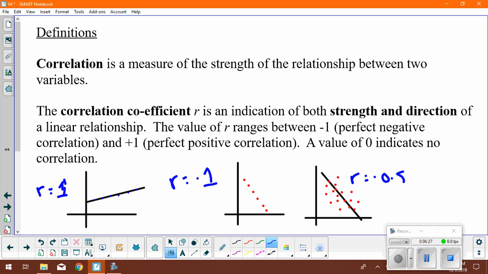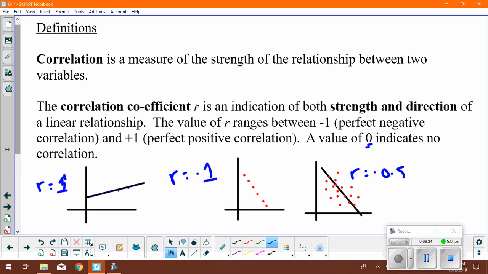So your worst possible case is if you have a value of 0. If your correlation coefficient is 0, then you basically have no trend that you can identify. And there's a couple ways that can happen. So I'm going to draw those out here.